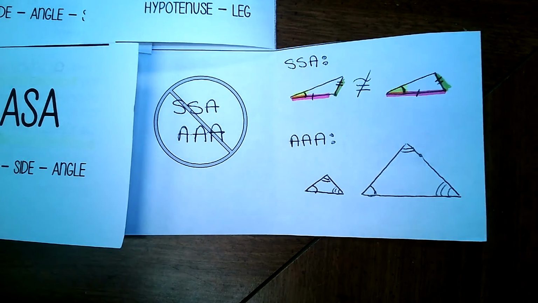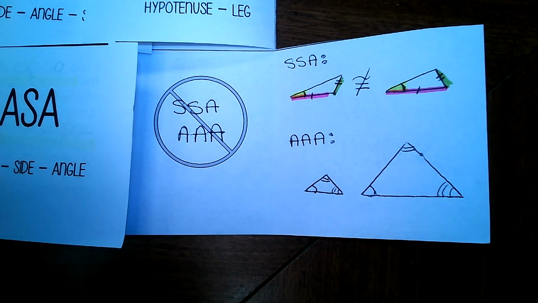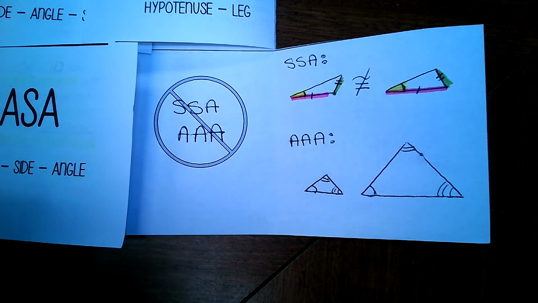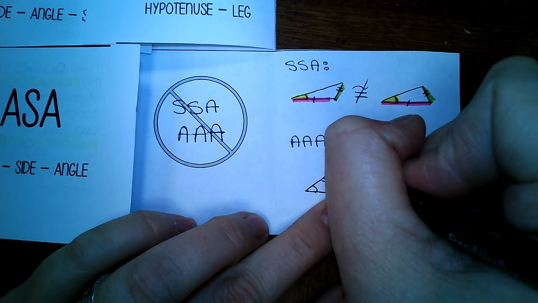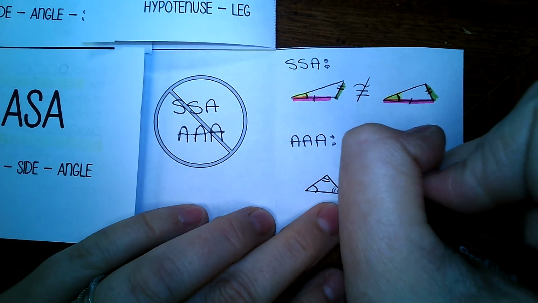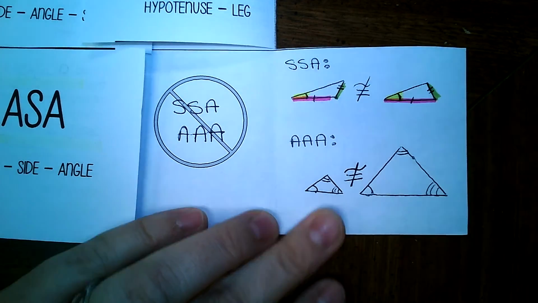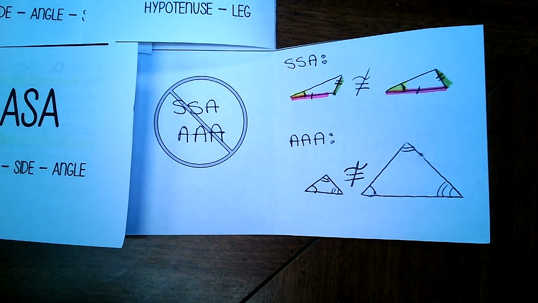The angles are certainly equal to each other. They have partners, but there's no size regulation. This would be similar. Remember, we talked about this symbol similar. These are the same shape, but they are not the same size. They are not equal to each other. So they are not congruent to each other.